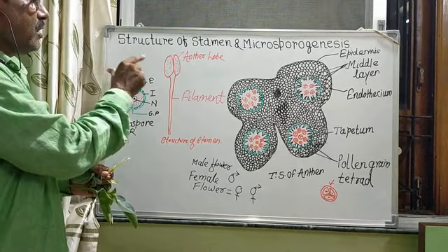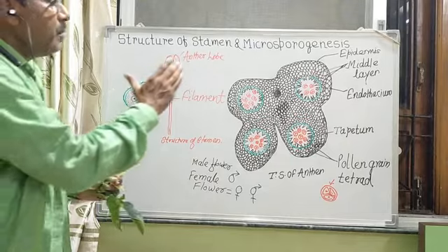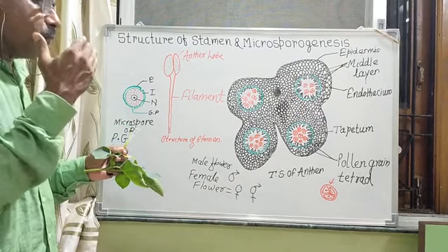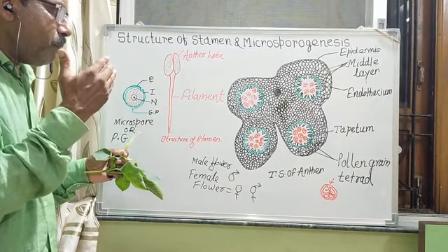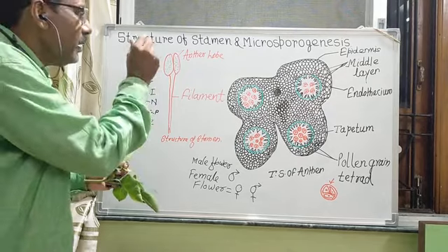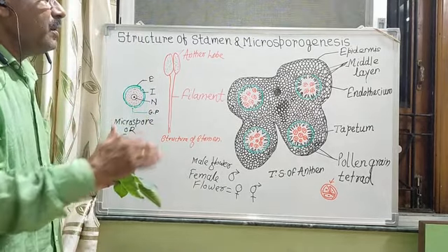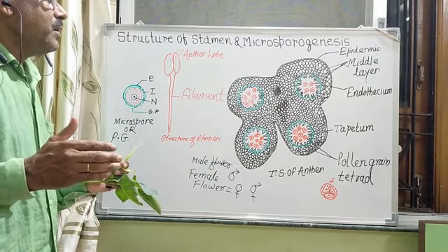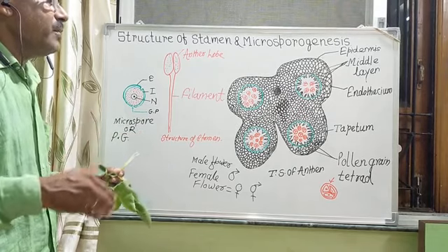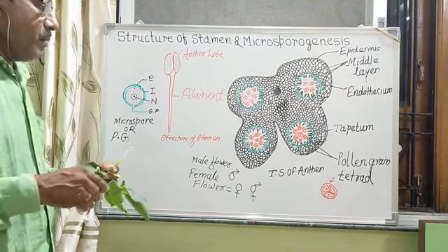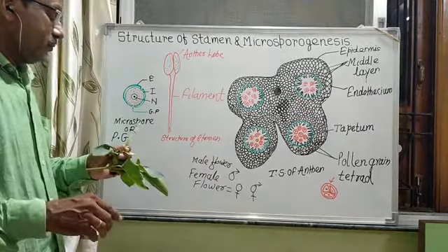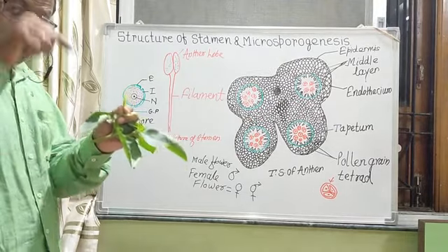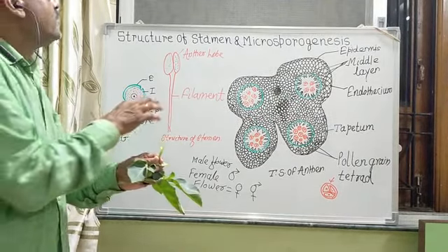So in today's lecture, the structure of stamens, how the microspores are formed in the anthers or stamens, and the formation of microspores or pollen grains. This process is called microsporogenesis. You already know where the stamens are present and the structure of stamens.